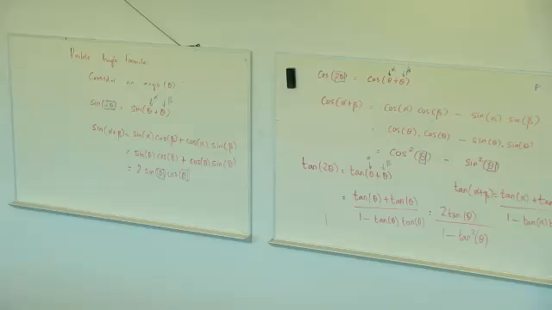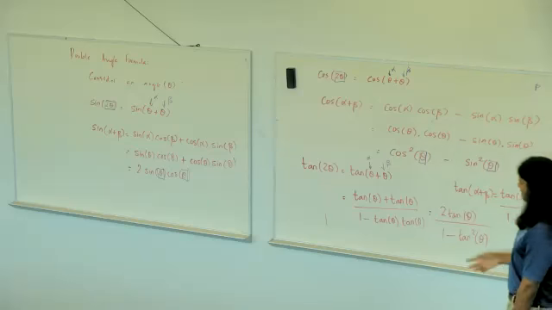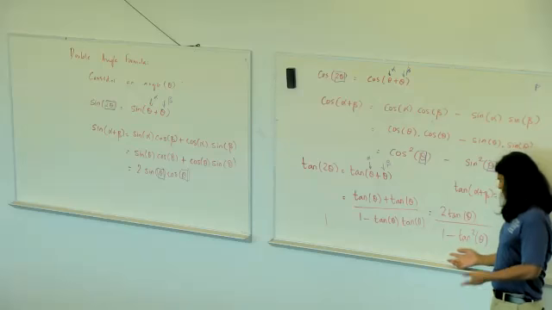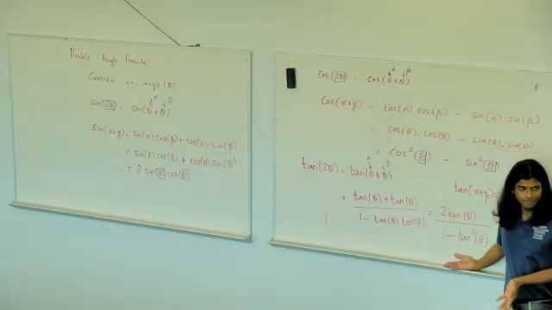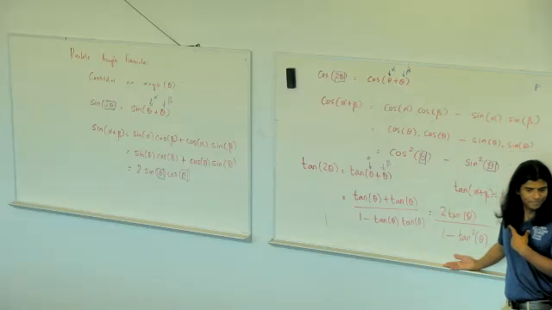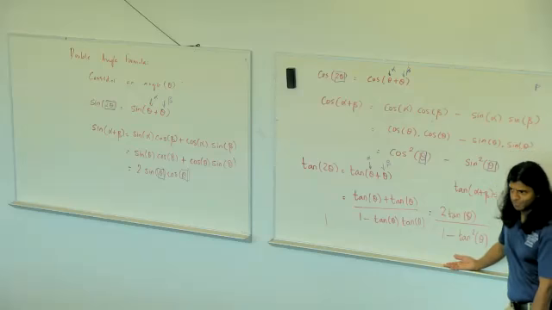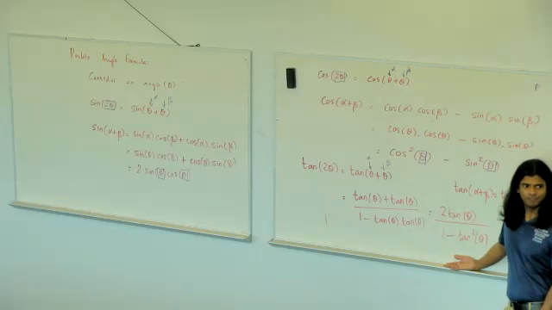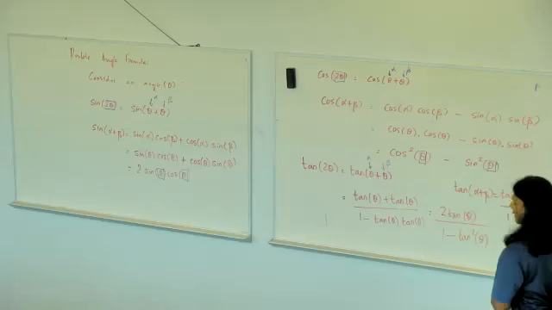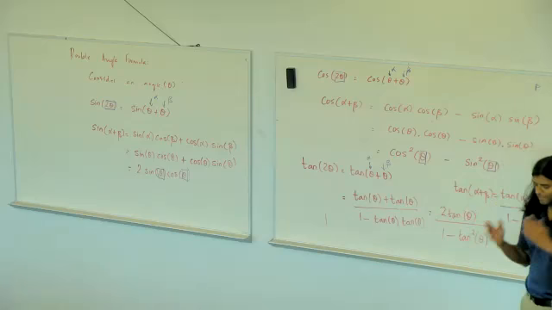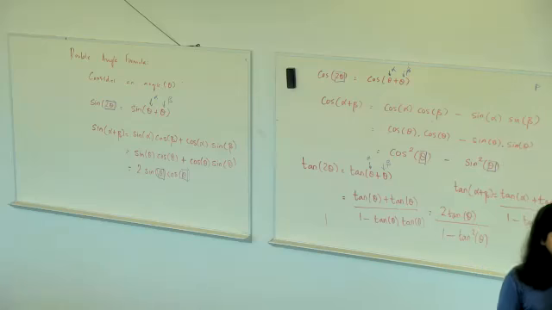A common mistake. Sometimes students look at the denominator and it looks familiar, right? What does that remind you of from earlier? Secant squared. You look at this and it should sort of remind you of secant squared theta.